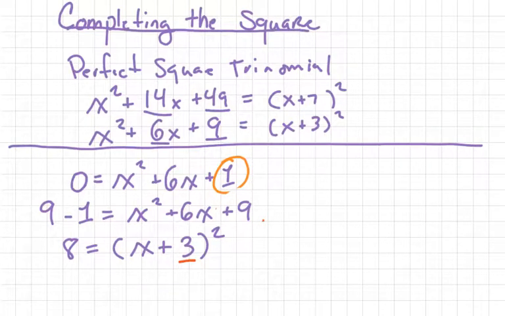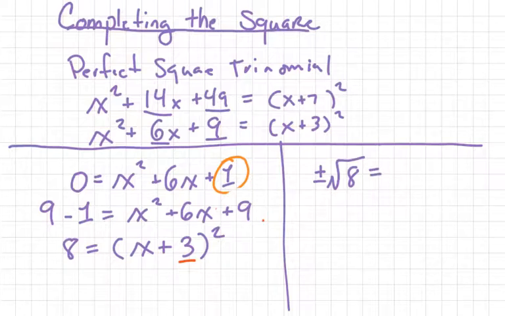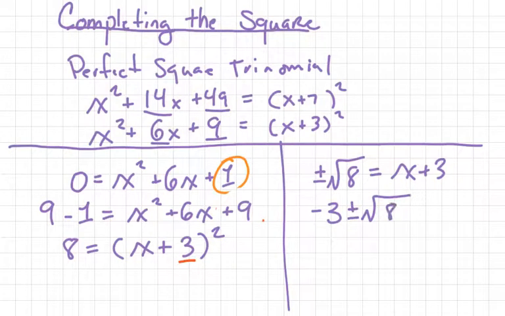Okay, I have a square. I want to isolate x. That's my ultimate goal. So I'm going to take the square root of both sides. Okay, so I'm going to get plus or minus the square root of 8 is equal to x plus 3. I'm almost done. All I have to do is subtract 3 from both sides, and I get my two answers.